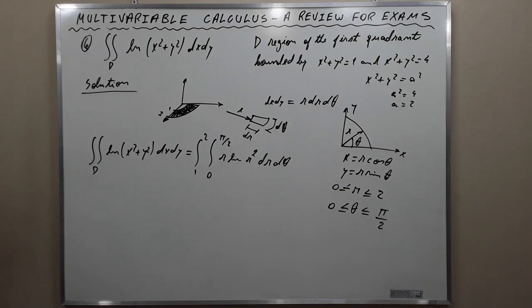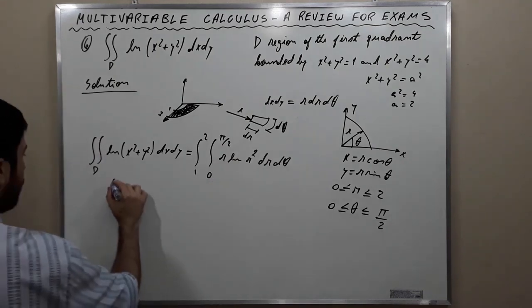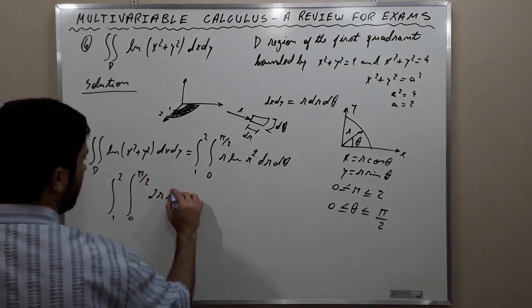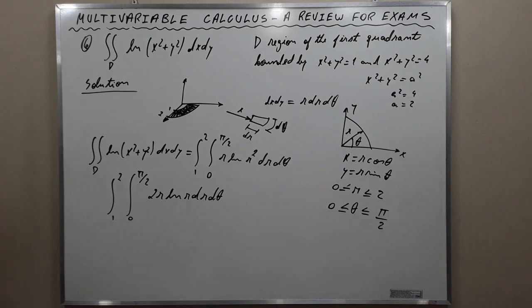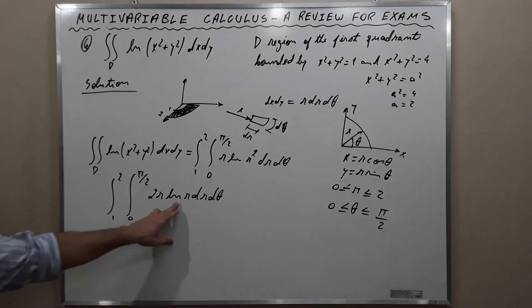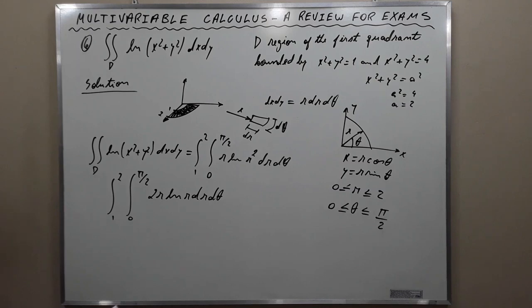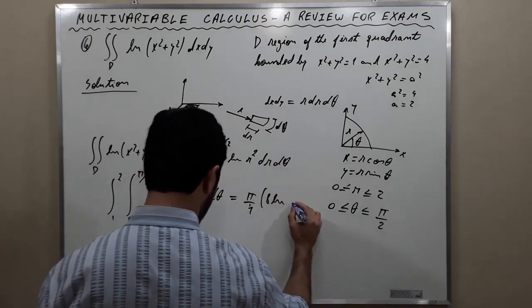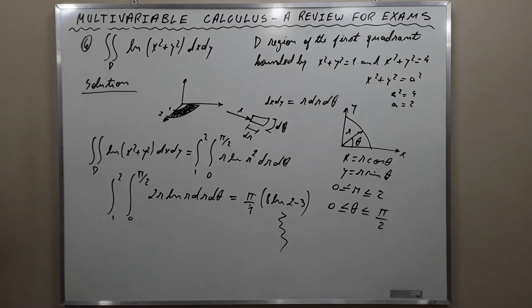We're going to use the power property of logarithms to pass this 2 to this side here, and we have this form here, from 0 to pi over 2, 2 times r ln r dr d theta. And now we can simply integrate. If you do not know how to integrate this, you can simply look it up in a table of integrals. And we get that this is pi over 4 times 8 ln of 2 minus 3. Okay, so this is the solution of exercise 6.